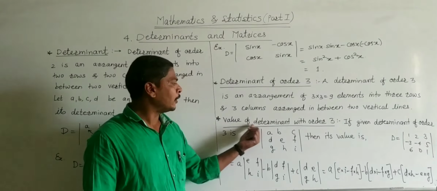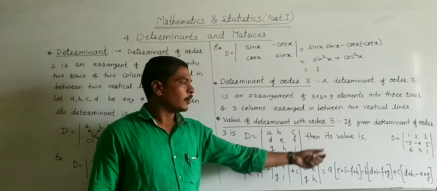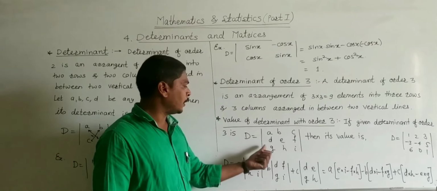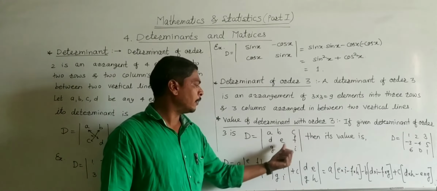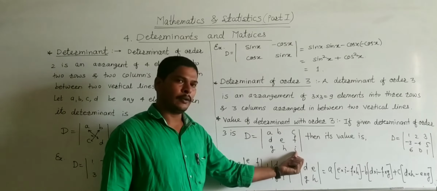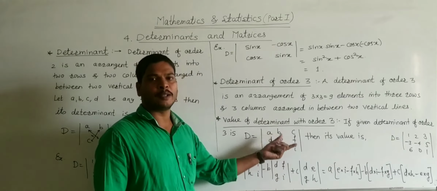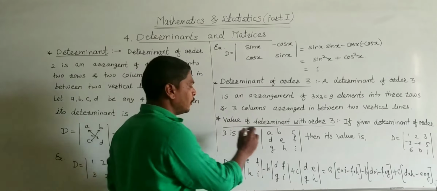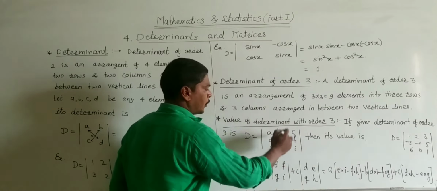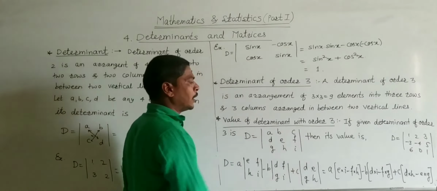Now how to find the value of a determinant of order 3? If the given determinant of order 3 is D is equal to |a b c; d e f; g h i|, this is the determinant of order 3 having 3 into 3, means 9 elements, which are arranged in 3 rows and 3 columns in between two vertical lines.